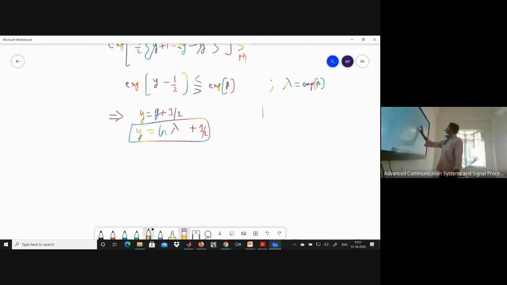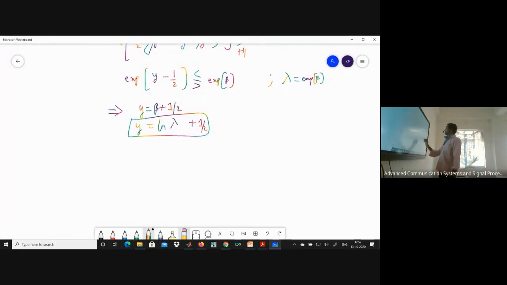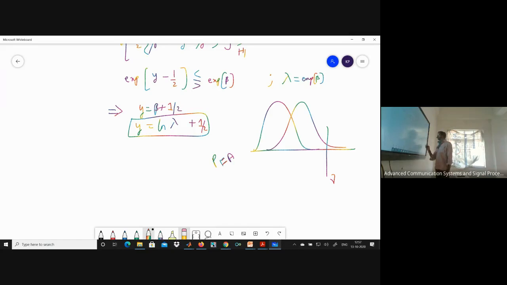So what I'll try to do is consider two curves like this. Gamma will be somewhere over here. Akila, you would like to have a good probability of detection, right? Probability of false alarm is the one which you are going to fix, and based on that, probability of detection will be determined.